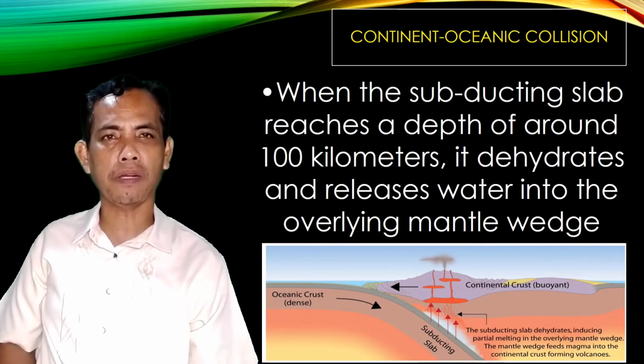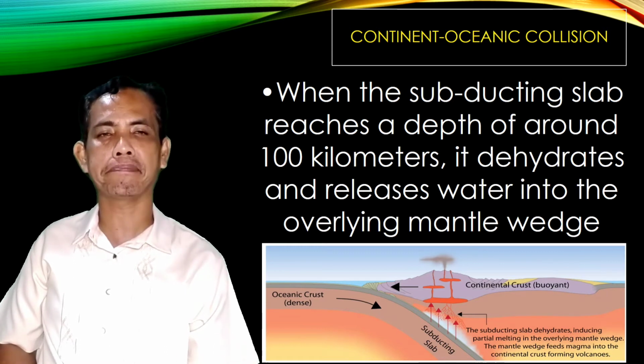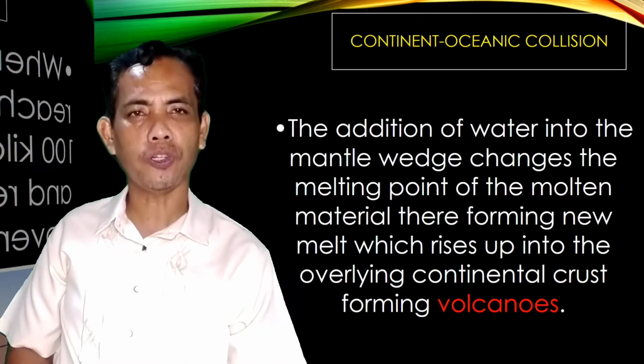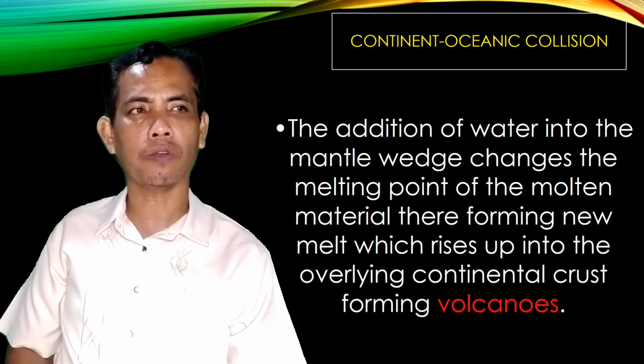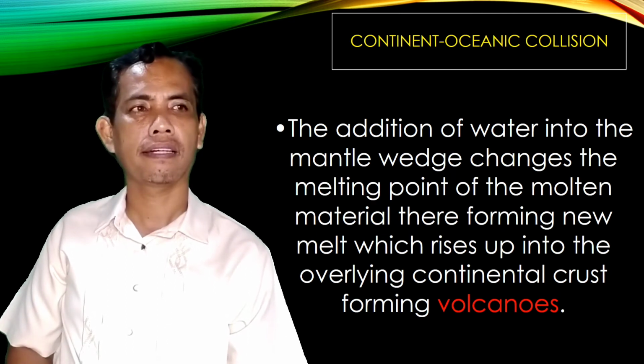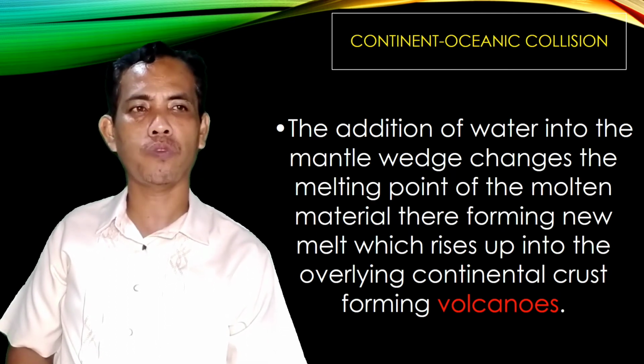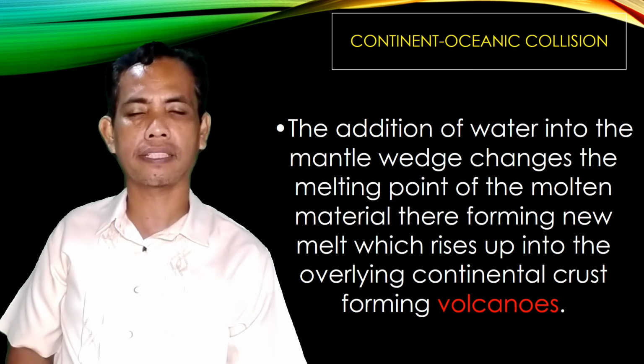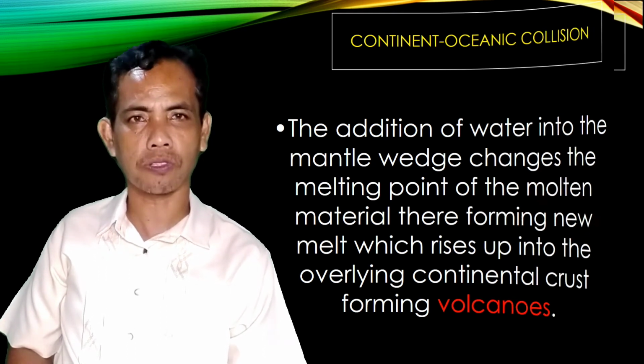When the subducting slab reaches a depth of around 100 kilometers, it dehydrates and releases water into the overlaying mantle wedge. The addition of water into the mantle wedge changes the melting point of the molten material, thereby forming new melt which rises up into the overlaying continental crust, forming volcanoes.